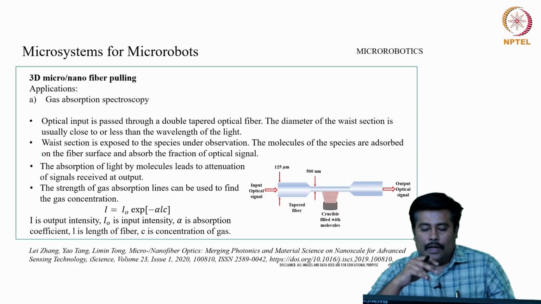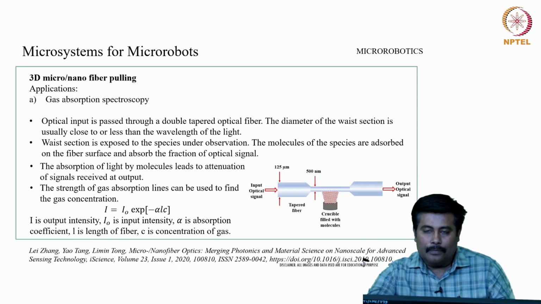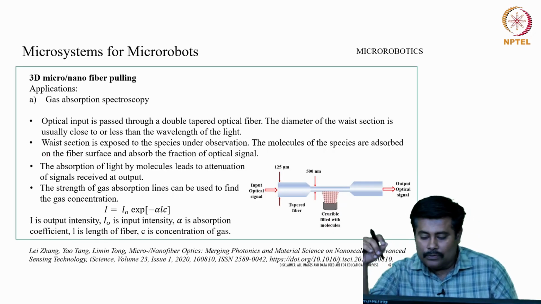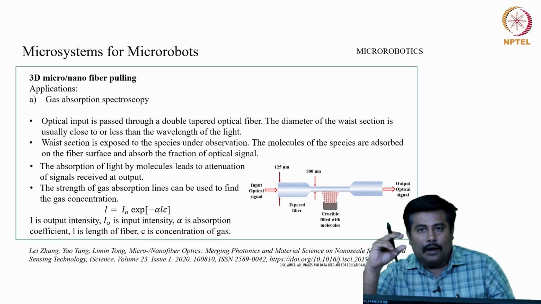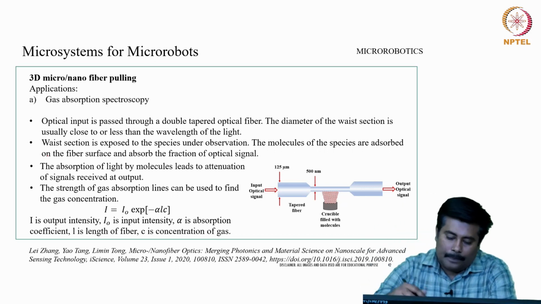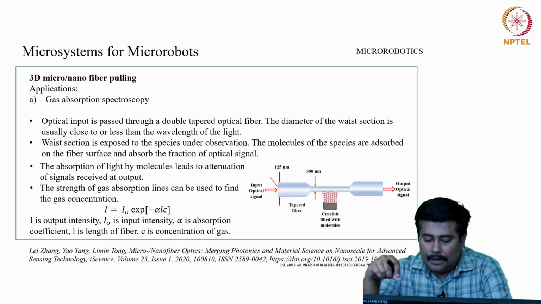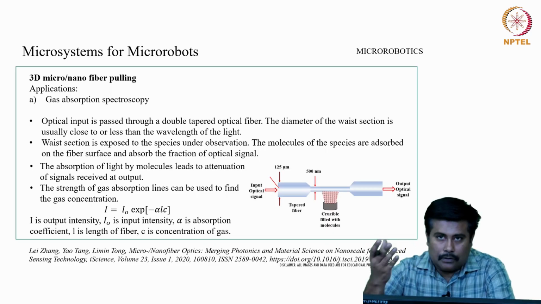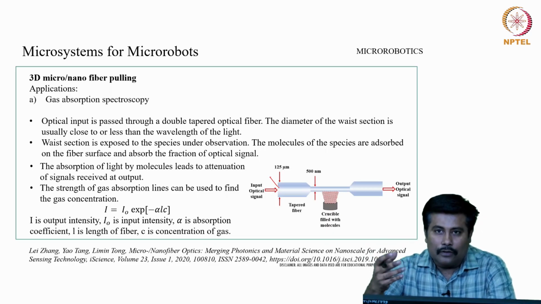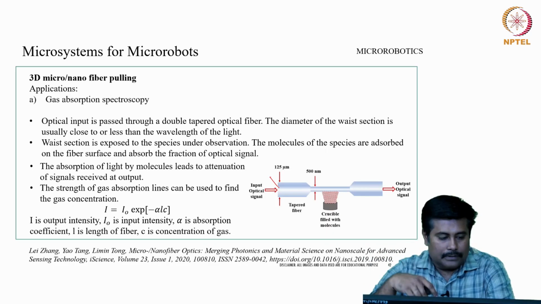Now, we have a fiber in place with an input signal and an output signal, and the fiber diameter is close to around 125 micrometer, and in between we have a 500 nanometer section which is pulled using either of these processes.